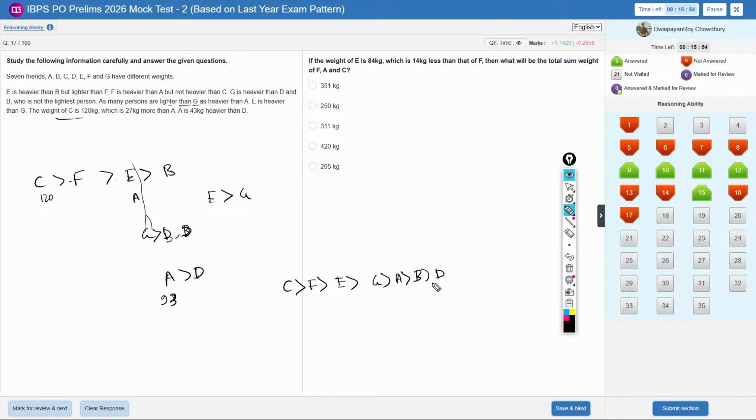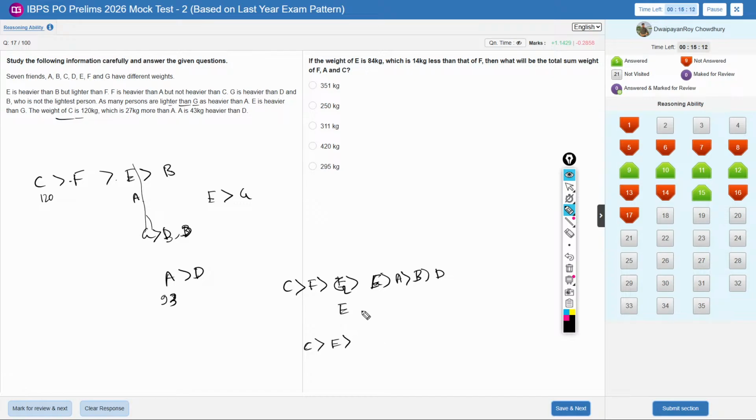Lighter than G, 3, heavier than A. So G, A, G, E. E is heavier than G. So E, then C, E. Okay, F is also heavier than that person, right?